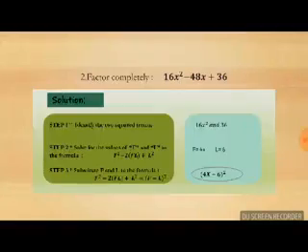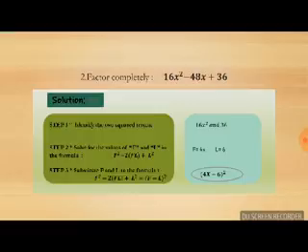Second example, factor completely 16x squared minus 48x plus 36. So identify the two squared terms. The two squared terms are 16x squared and 36. Solve for the values of f and l in the formula. So by taking the square root of 16x squared, it will become 4x. By taking the square root of 36, it will become 6.